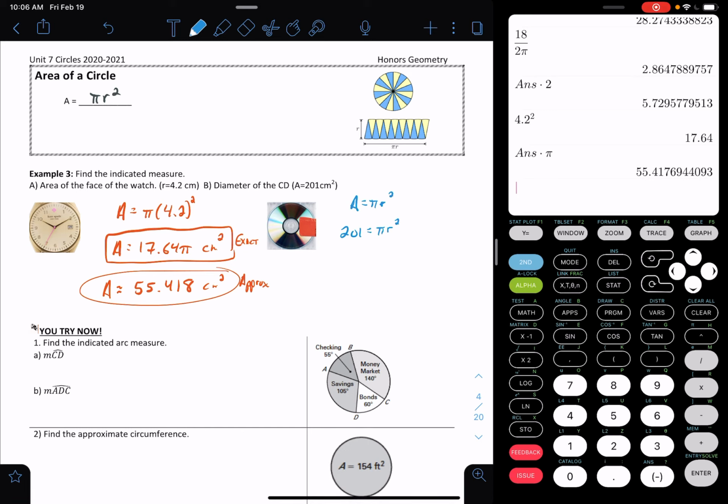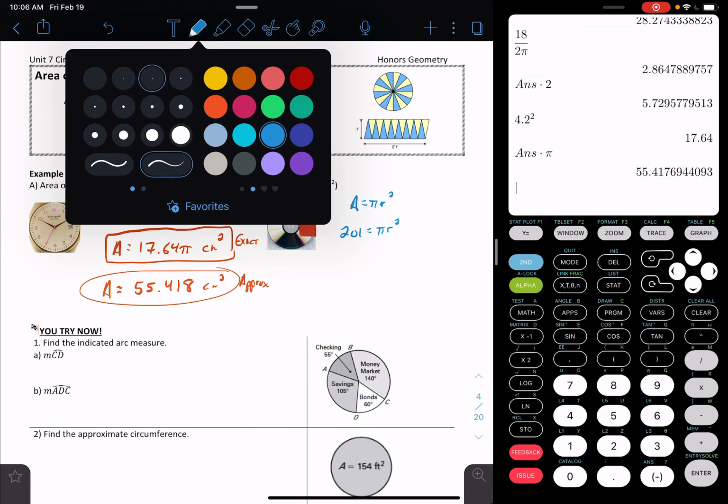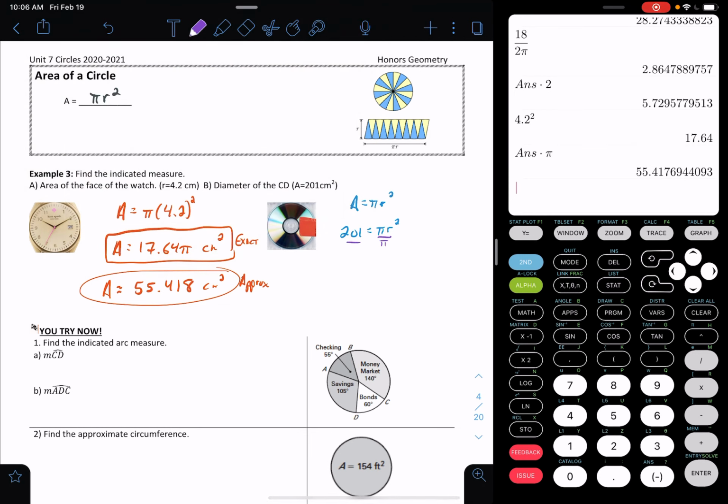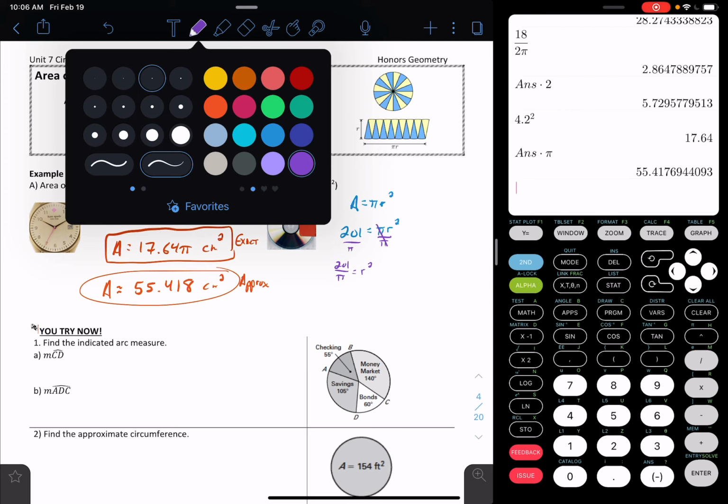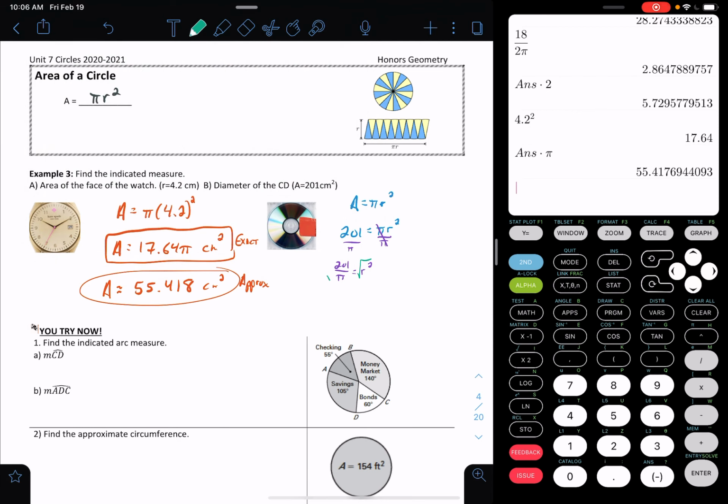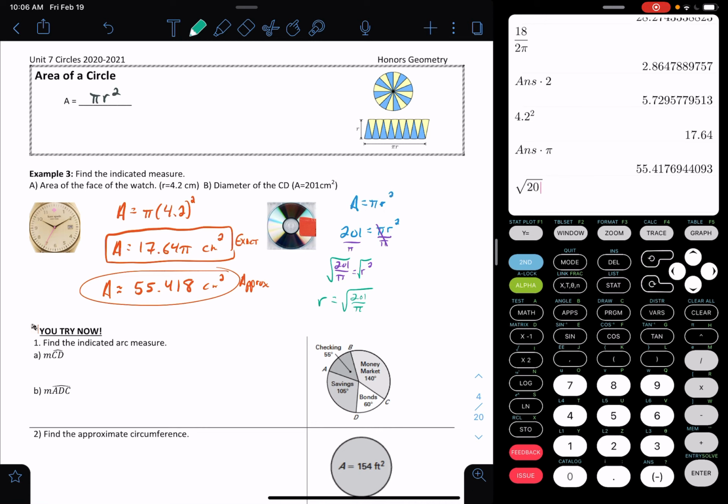So I'm going to divide everything by pi, so I get 201 divided by pi equals r squared. And then all I need to do is take the square root of both sides. So my radius is going to be the square root of 201 divided by pi. So I go over to my calculator.